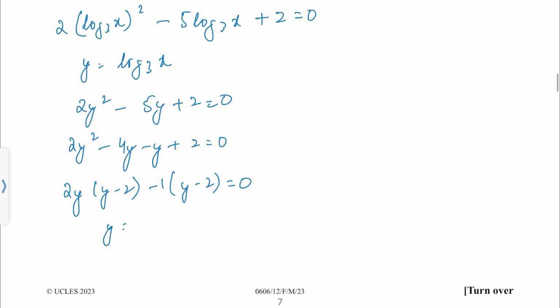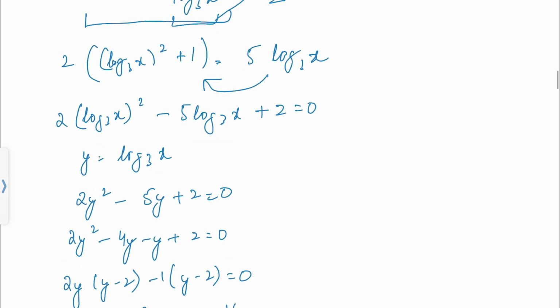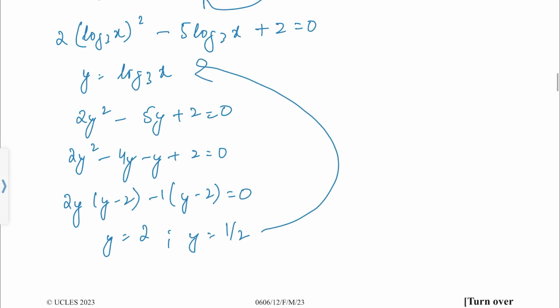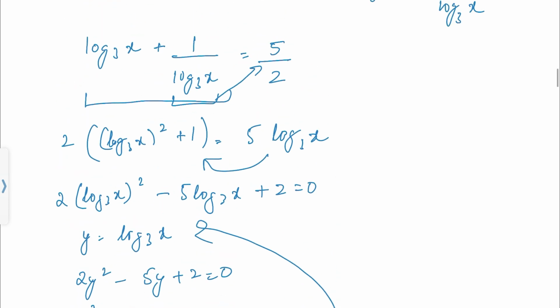And this would give us y as 2 and y as 1 over 2. And this y was equal to log 3x. So finally, log 3x would be 2, and log 3x would be 1 over 2.